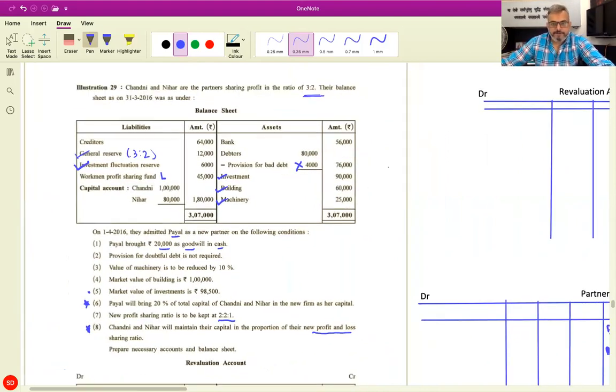Check if everything is done from the balance sheet.